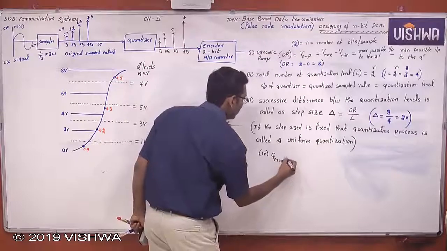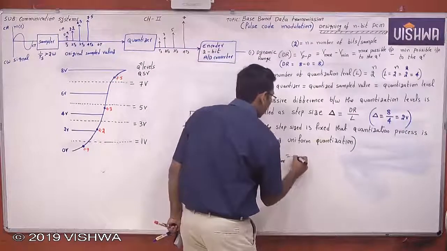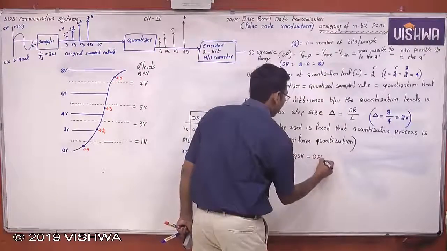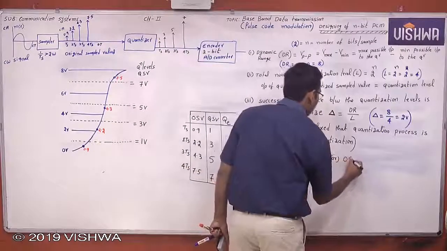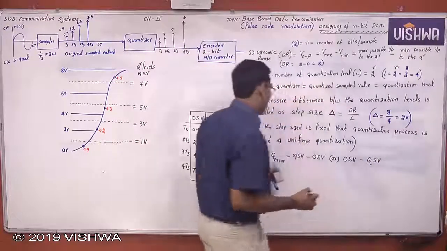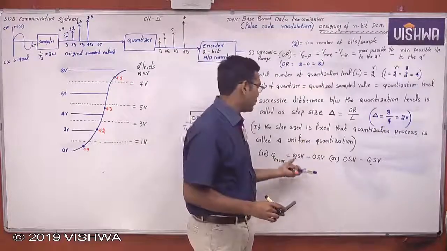What is the quantization error? It is the quantized sample value minus the original sample value, or the original sample value minus the quantized sample value. Error means deviation, plus or minus, whatever it may be.